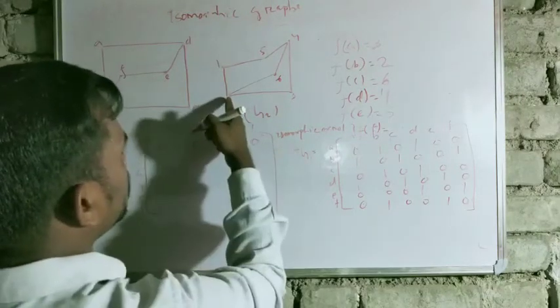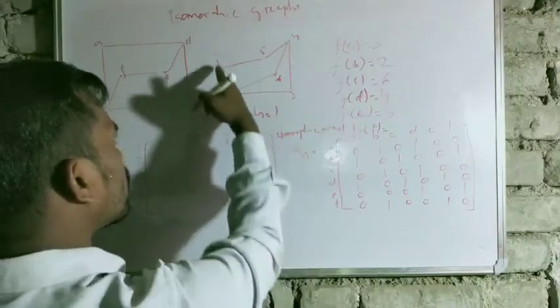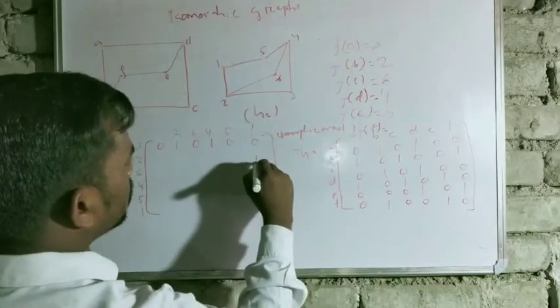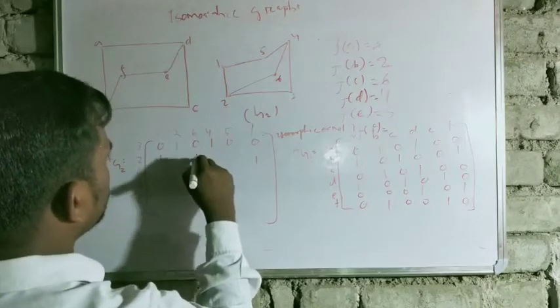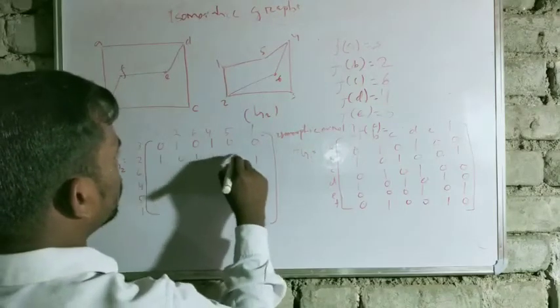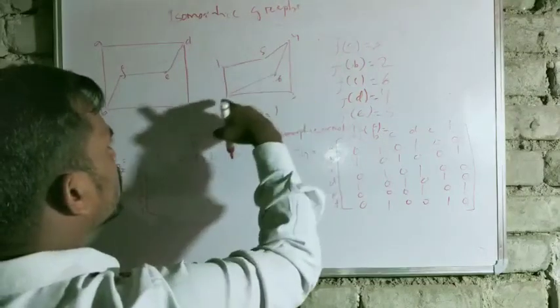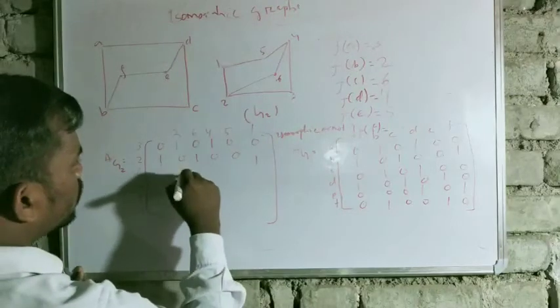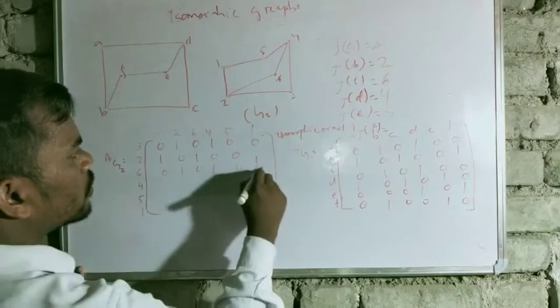Similarly, 2 is associated with 1, 3, 6, and the rest are 0. Similarly, 6 is associated with only 2 and 4, and the rest are 0.